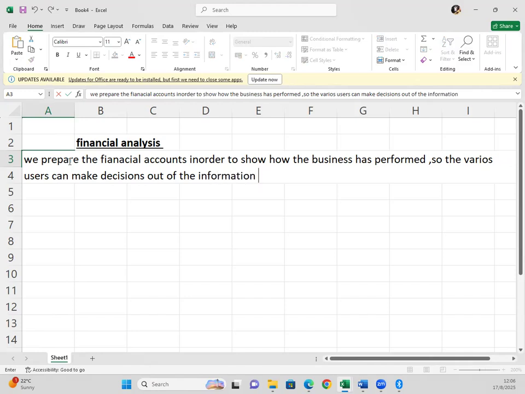So we prepare different types of accounts so that the different users of accounts can make decisions out of the accounts. So who are these users?